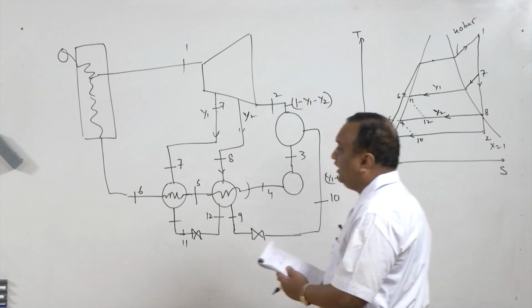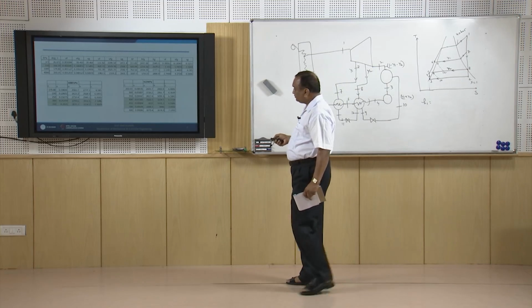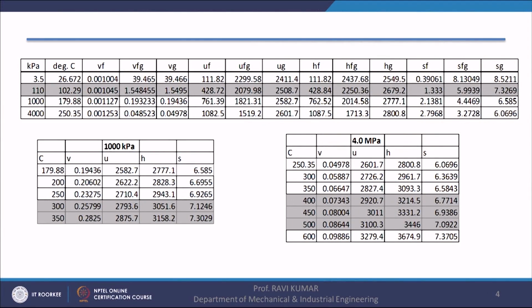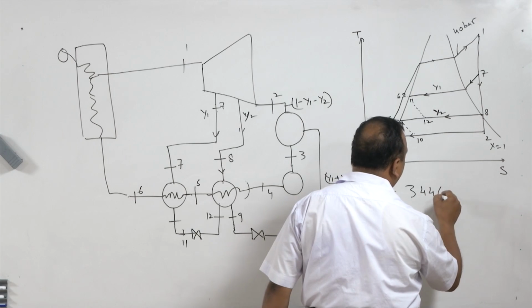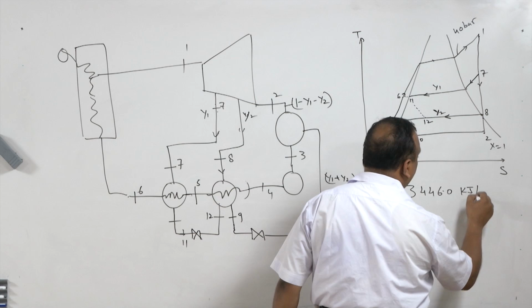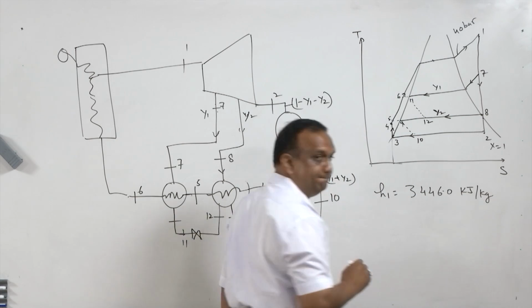So, superheated steam at 40 bar pressure and 500 degrees centigrade, the enthalpy is 3446.0 kilojoules per kg of steam, right.